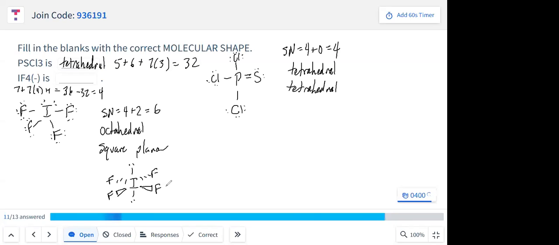The fact that these 4 bonded groups are now making a square-shaped shape in this 2-dimensional plane going through the middle of the molecule. So the answer to this one here is square planar. All right, any questions with these 2 examples?